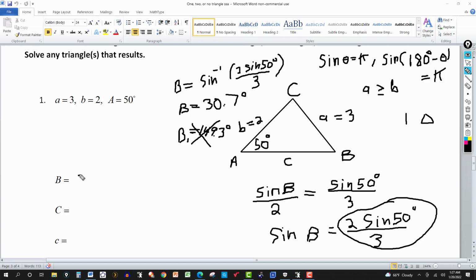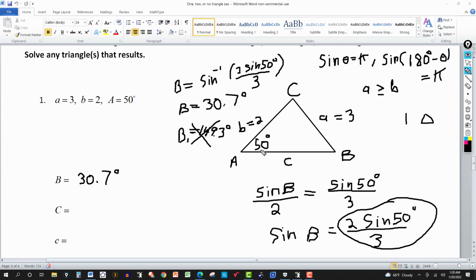So fill in the information. So what do we have? We have B then is 30.7 degrees. So what's angle C? Well, we found B to be 30.7. We're given A to be 50, so add those up.